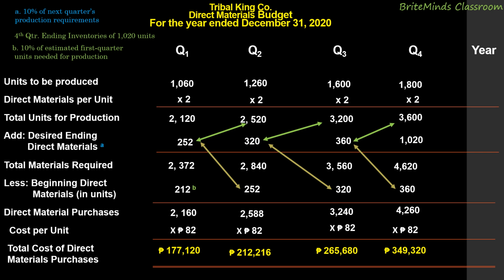So the total cost of direct material purchases is equivalent to 349,320 pesos. And then for the whole year, it costs 1,004,336 pesos. So this is how to prepare the direct materials budget.